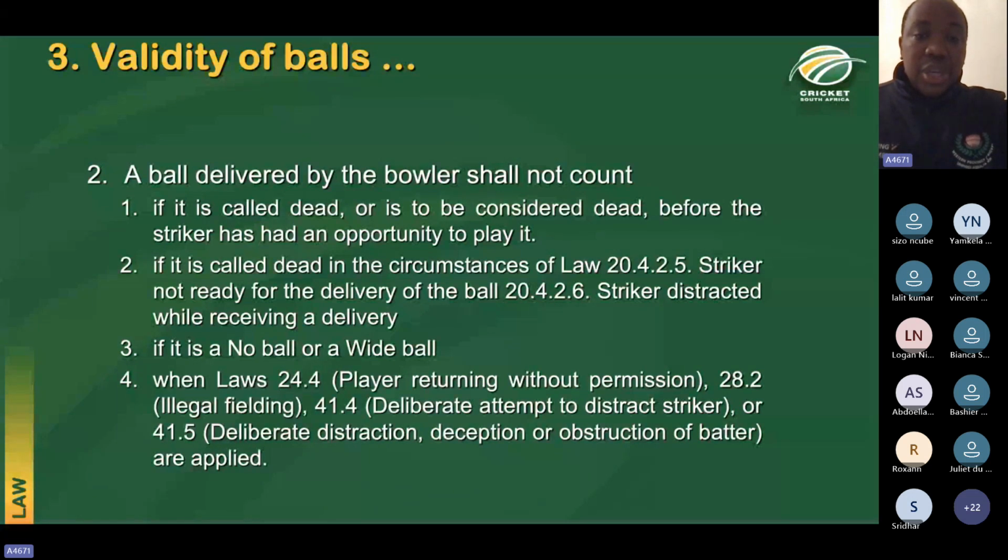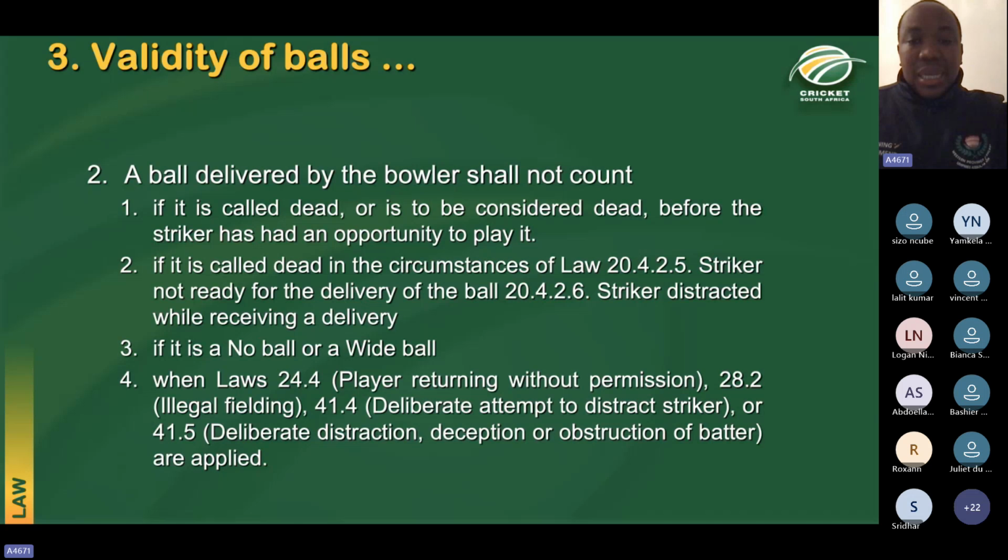When a player returns onto the field without the permission of an umpire and comes into contact with the ball, it automatically becomes dead, and that ball will need to be rebowled. If there's an instance of illegal fielding, and we will deal with that next week, then that ball shall not be a legal delivery in the over.